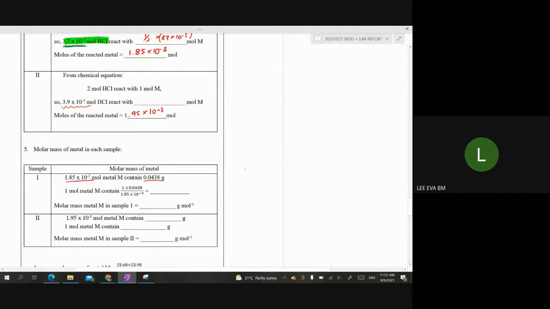If you remember, number of mole equals mass over molar mass. So to find your molar mass, divide the mass by the number of mole. Try to calculate and give the molar mass of metal M in your sample 1.